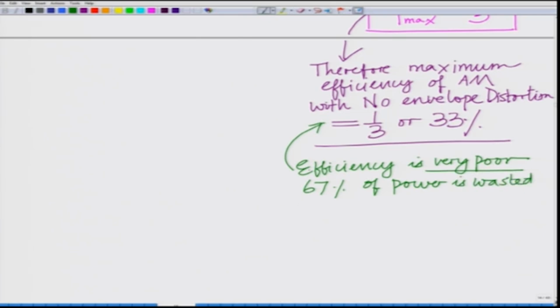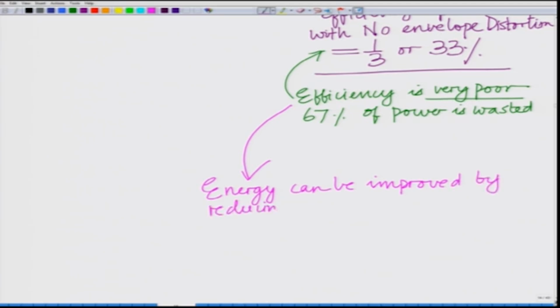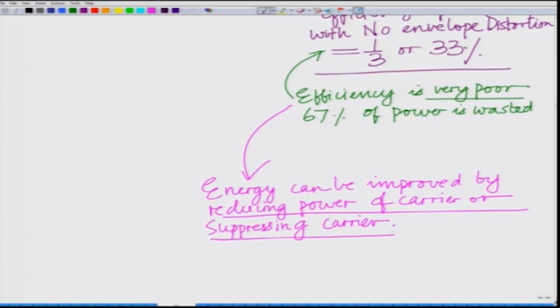Therefore, efficiency can be improved by reducing the power of the carrier or suppressing the carrier.